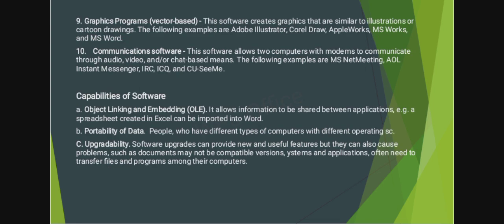Graphics program or vector based. This software creates graphics that are similar to illustrations or cartoon drawings. The following examples are Adobe Illustrator, Corel Draw, Apple Works, MS Works, and MS Word.